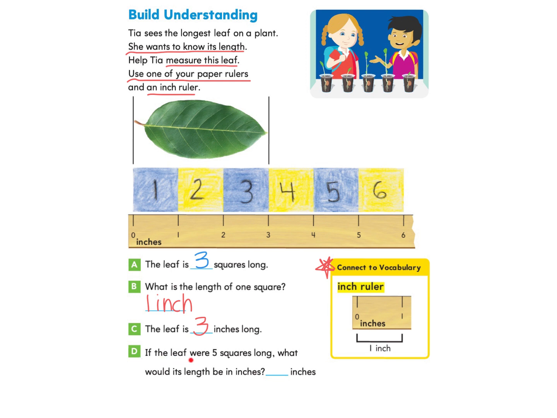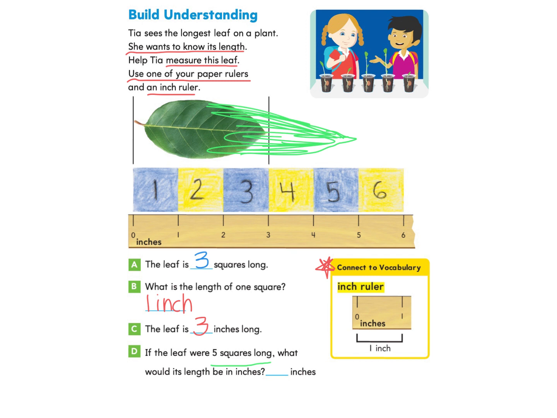If the leaf were 5 squares long, what would its length be in inches? So now we're pretending that the leaf actually goes to the 5 right here. Like, let's just pretend that this leaf gets bigger. So here we are with a leaf, and now we need to find out how many inches it would be.